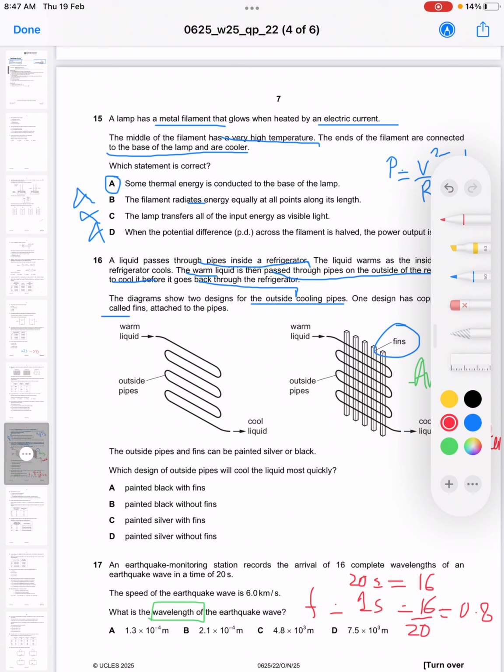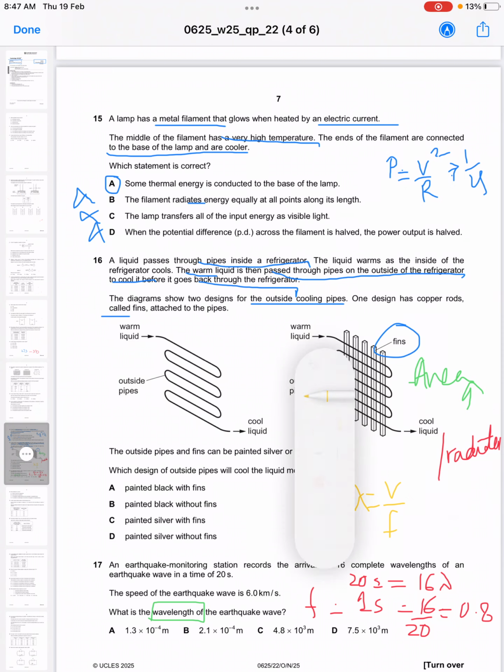We get in 1 second 0.8 wavelengths pass. So for finding lambda we use the formula V equals F lambda, so lambda equals V by F.